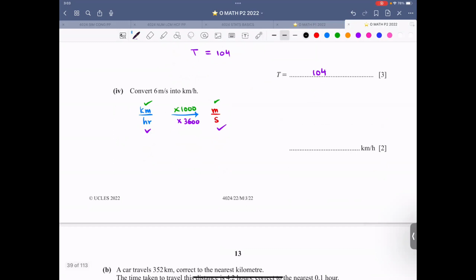That means I can simplify: kilometers per hour multiplied by 10 over 36 will give me meters per second. Therefore, kilometers per hour will be the meters per second value times 36 over 10. So 6 multiplied by 36 over 10 is 216 over 10, which comes out to be 21.6 kilometers per hour. That's the answer.